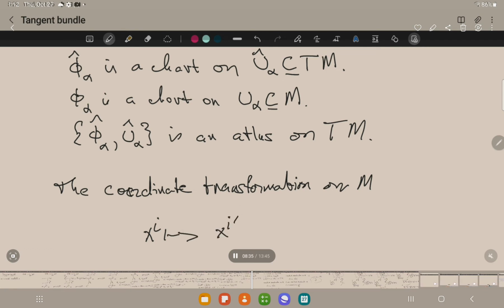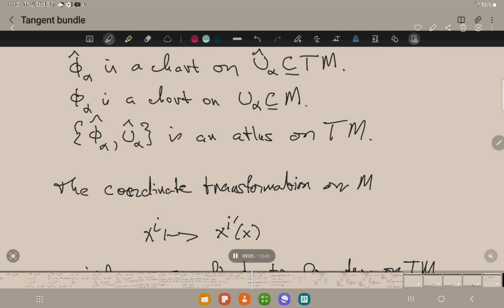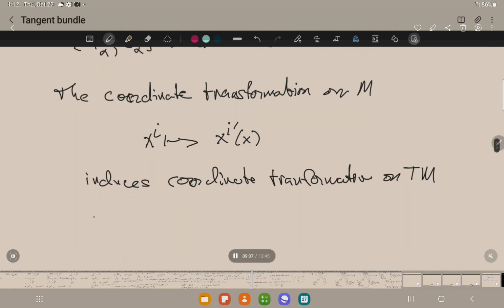At the coordinate transformation on the level M, you see x^i, where i can go from 1 to 3 if it's three dimensions or higher, and this is transformed to x^i' with the prime. That just means this is a coordinate transformation between two systems, whether it's from rectangular to polar, polar to rectangular, or some other curvilinear coordinate system.